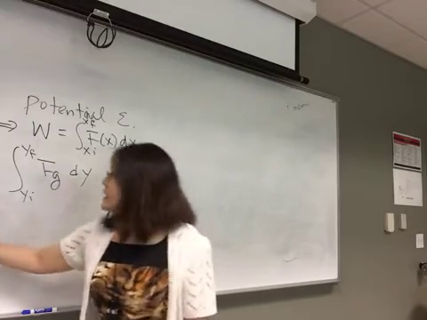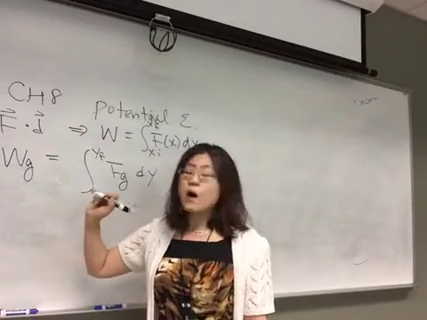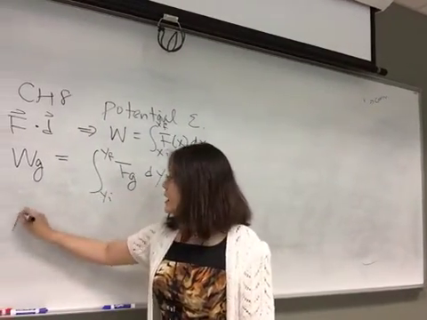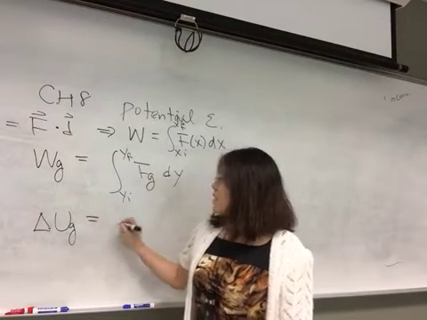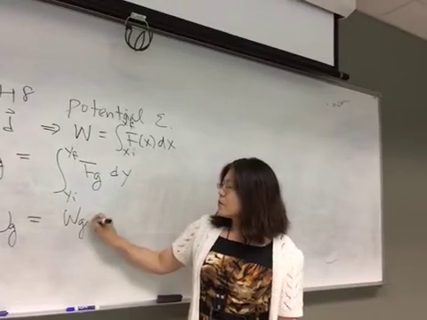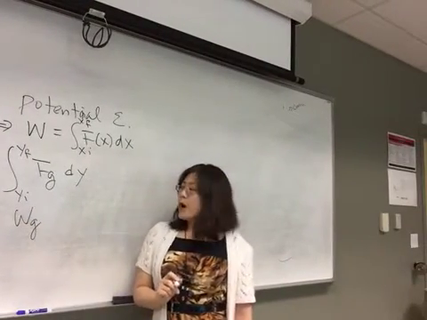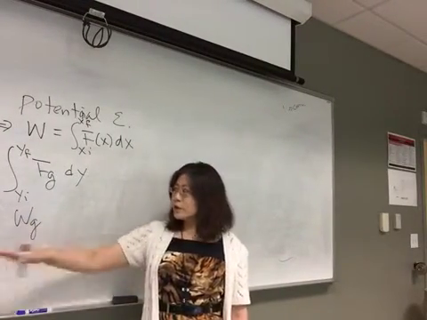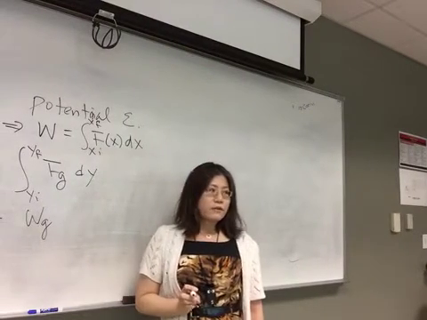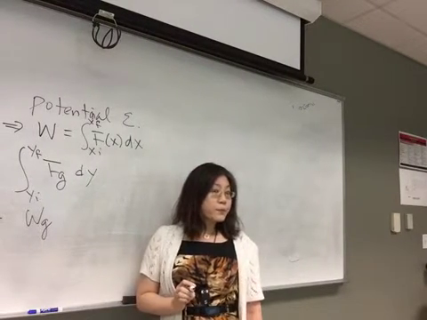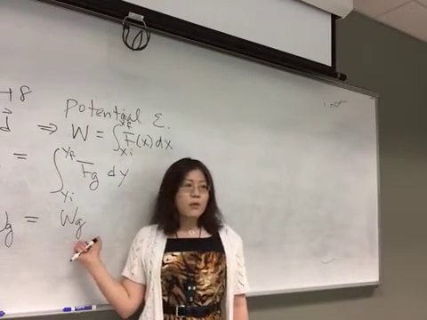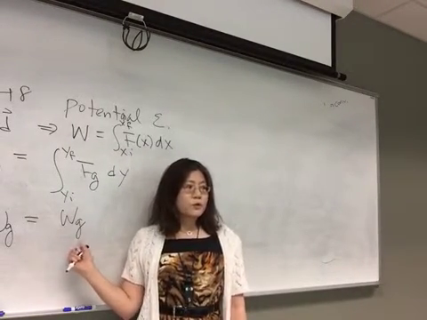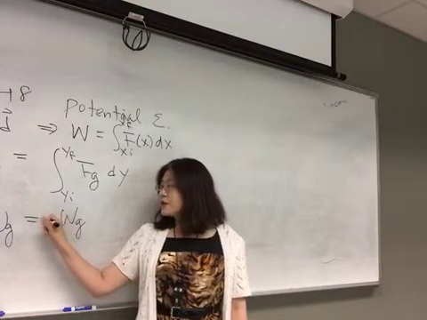We want to find the expression for gravitational potential energy. The change in gravitational potential energy and the work done by gravitational force differ by a sign, so that's a negative.